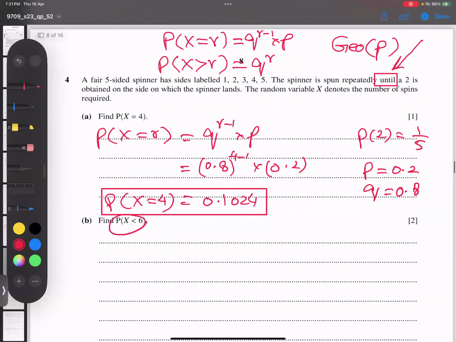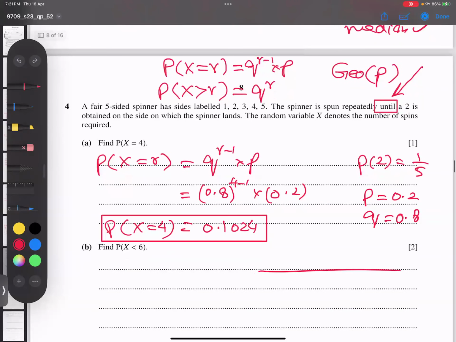Now it's saying less than 6. If I draw a number line, in geometric probability the least value is 1, never 0. In binomial probability, the least number is 0, but here it is 1 only. 1, 2, 3, 4, 5, 6, 7, 8. It talks about less than 6. So less than 6 means 5, 4, 3, 2, 1.